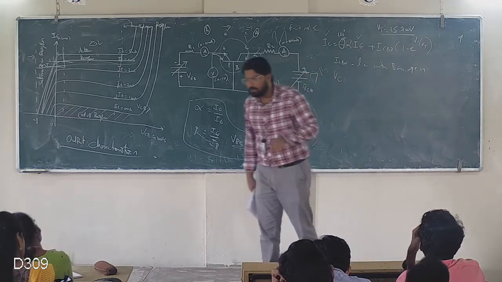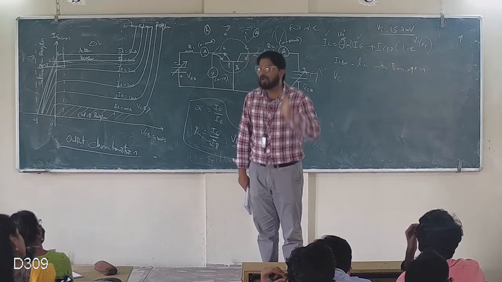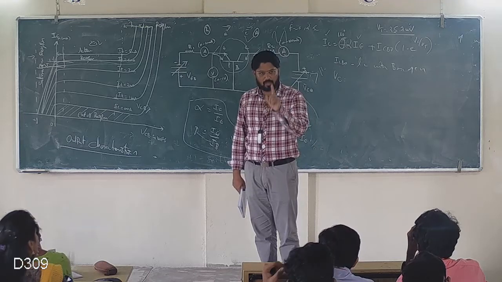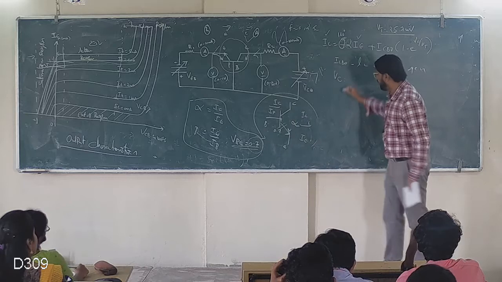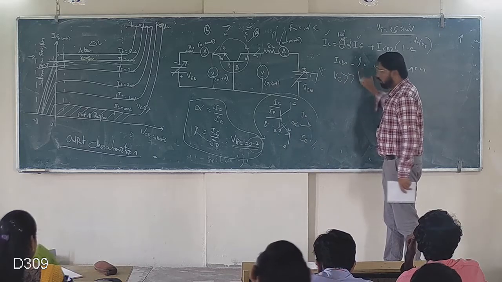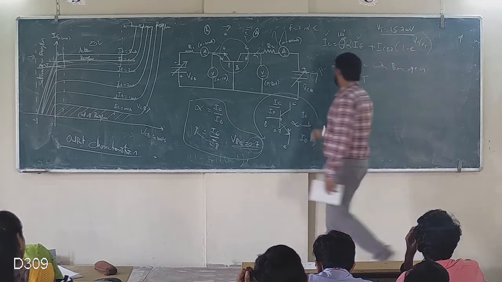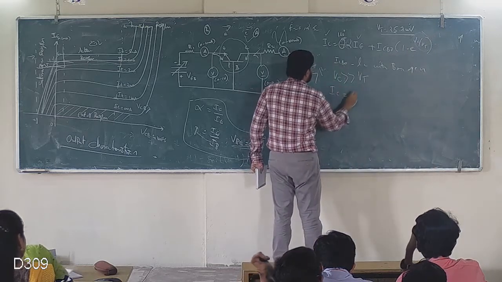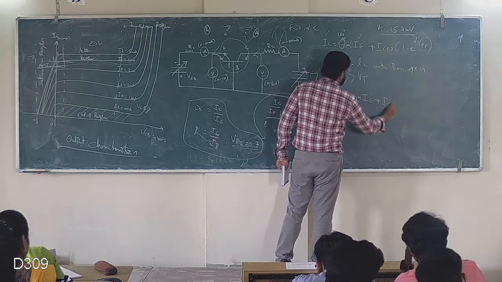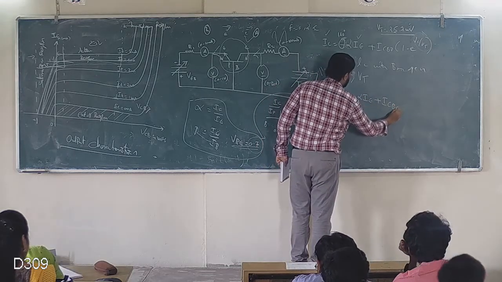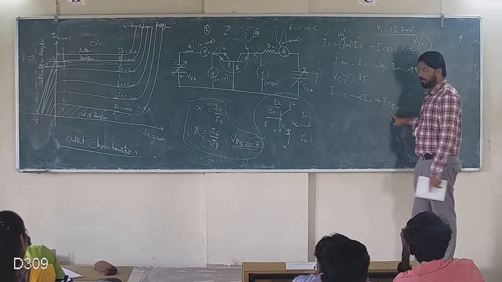Who is stronger, 1 volt or 26 millivolt? Got the point. So VC is far greater than VT. Now what happened to this? This becomes 1. So IC is equal to minus alpha IE plus ICBO.